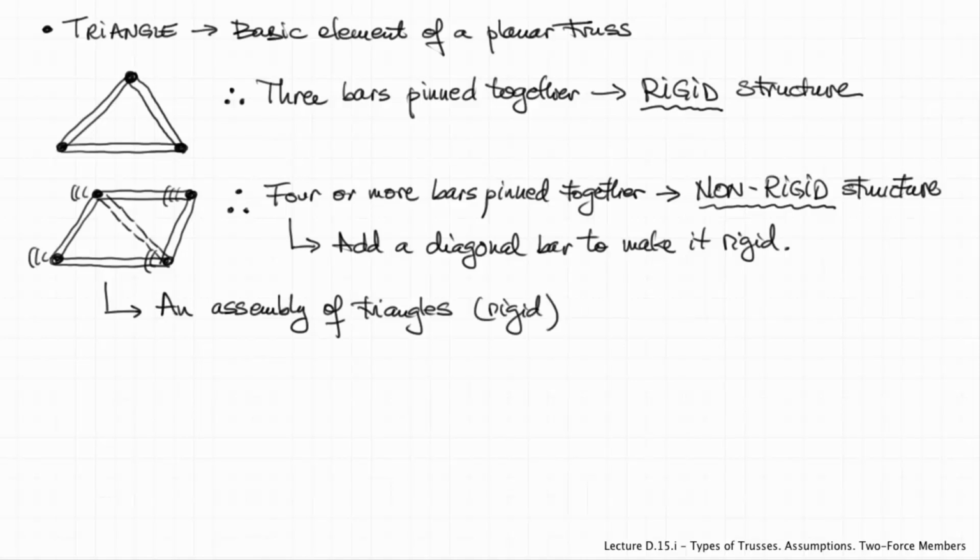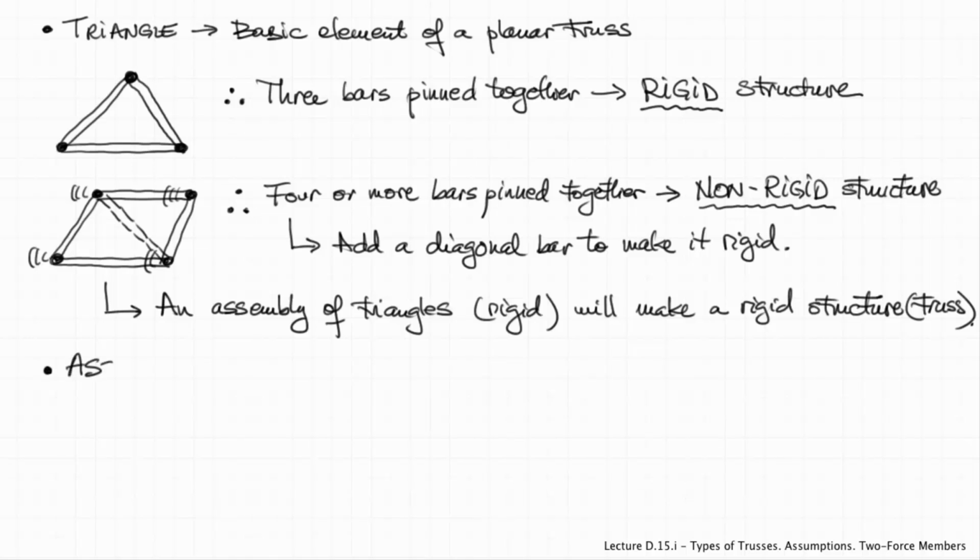And this is the principle behind the truss. So trusses, again, are made of an assembly of triangles. Each of these triangles is rigid, so therefore the whole assembly will also be a rigid figure, a rigid structure.